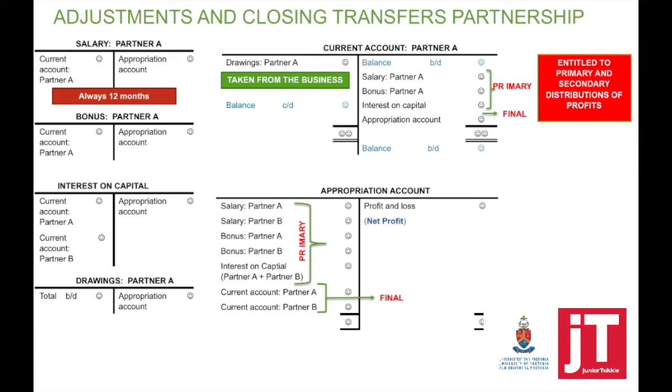So if we now look at our current account, which each partner will have, the credit side will display what a partner is entitled to, and on the debit side, what the partner has taken from the business. So this means that my current account, when I balance it, can either have a credit balance at the end of the accounting period, or it can have a debit balance. Please refer to your theory booklet for more details on this.